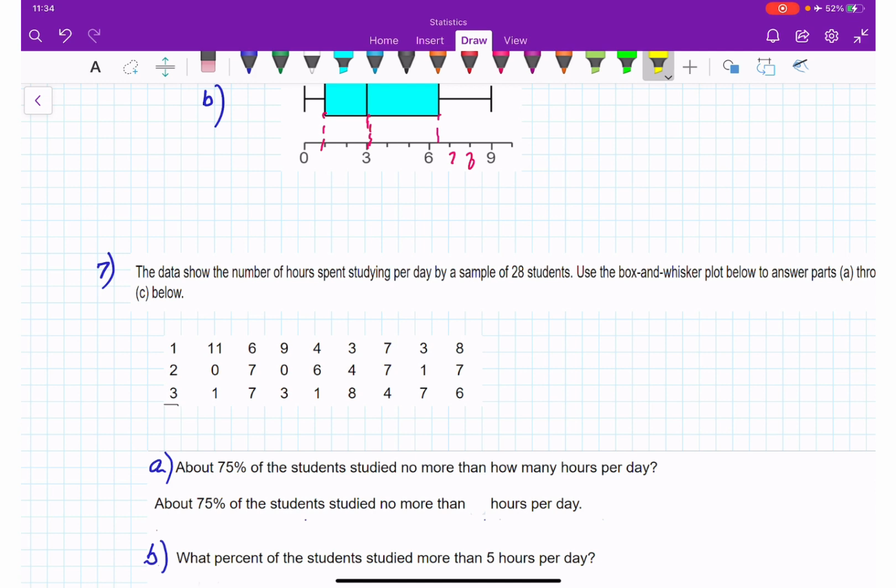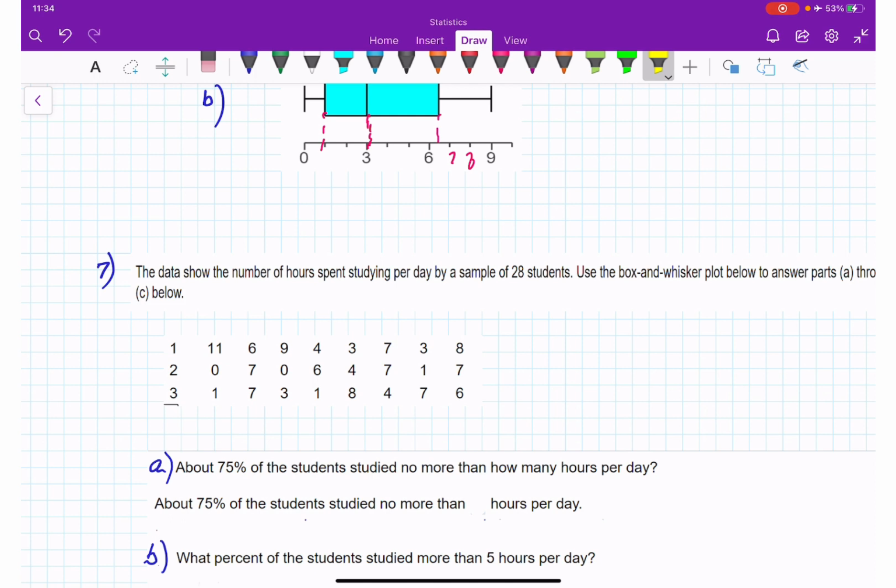Question number 7. So what do we have in question number 7 and how are we going to solve it? The data show the number of hours spent studying per day by a sample of 28 students.